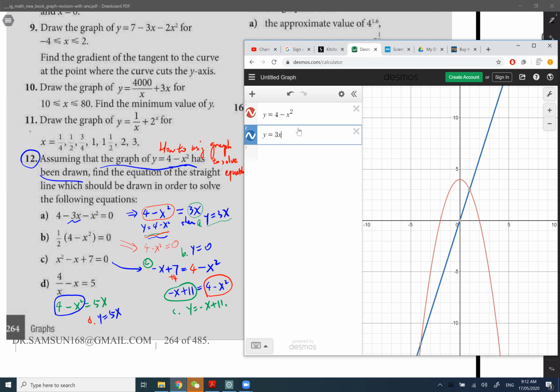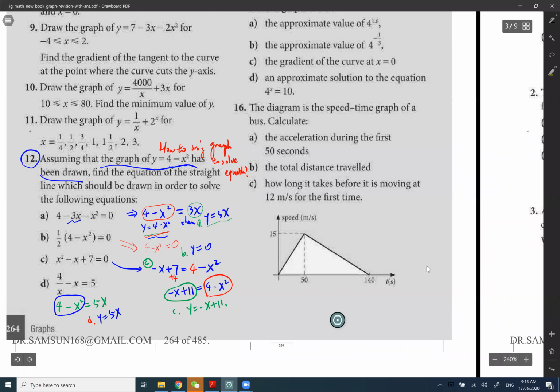That's the second step. The third step, you find the intersections here and here. After finding the intersections, read the x values, because the equation needs to be solved for x. You can find x could be 1, x could be -4.